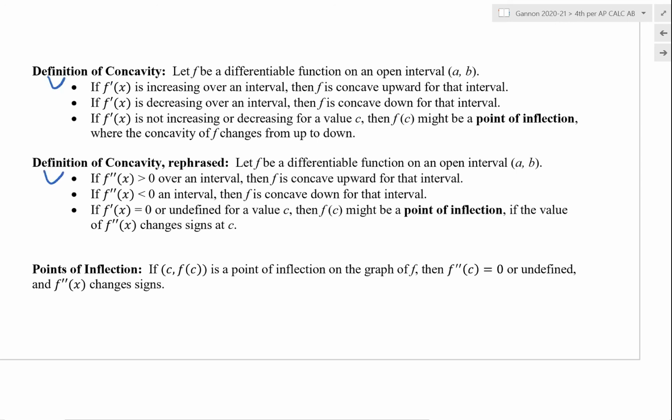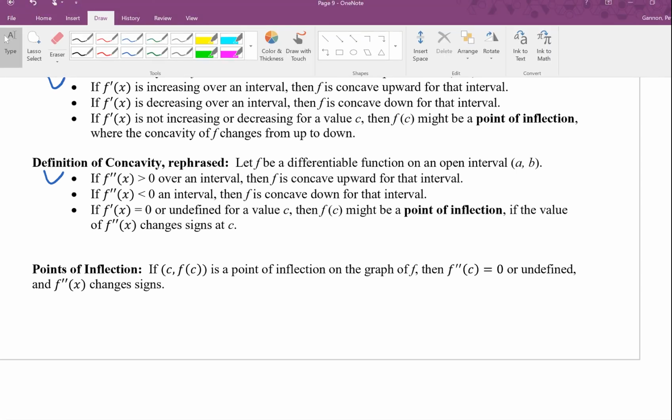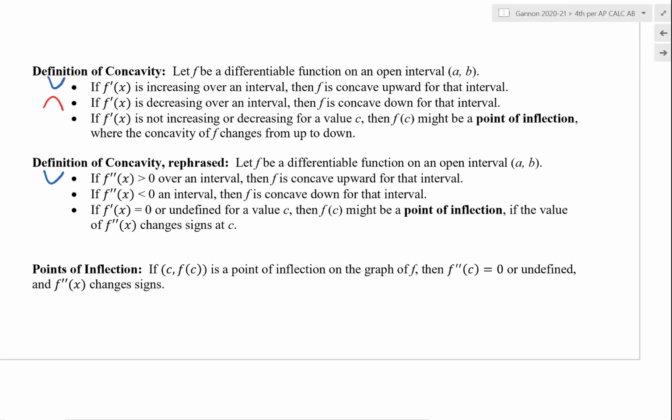And you could have put the same thing here. If the second derivative of a function is less than 0, meaning negative on an interval, then f is concave down for that interval. So concave down. And then if the second derivative of f equals 0 or is undefined, all right, then f of c might be a point of inflection if f double prime changes signs at c.